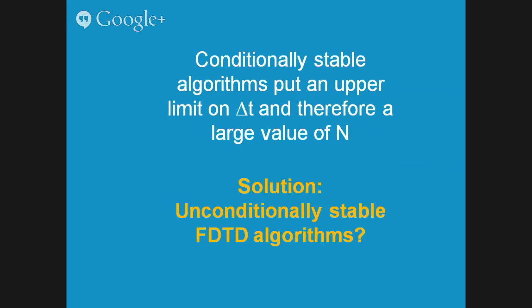Unconditionally stable FDTD algorithms are available, where you can increase the value of delta t, but those algorithms require some extra steps. A matrix solution is required in between as an intermediate step, but those solutions are available.